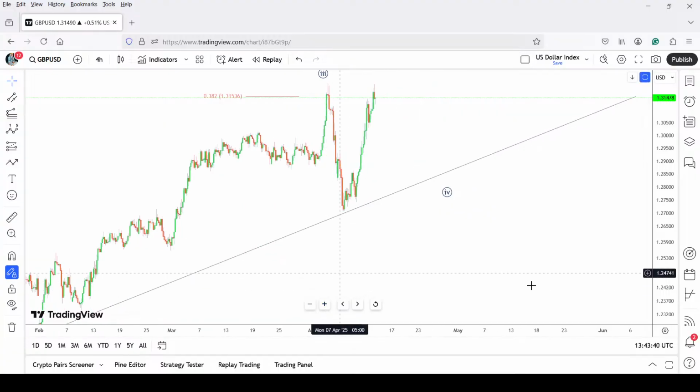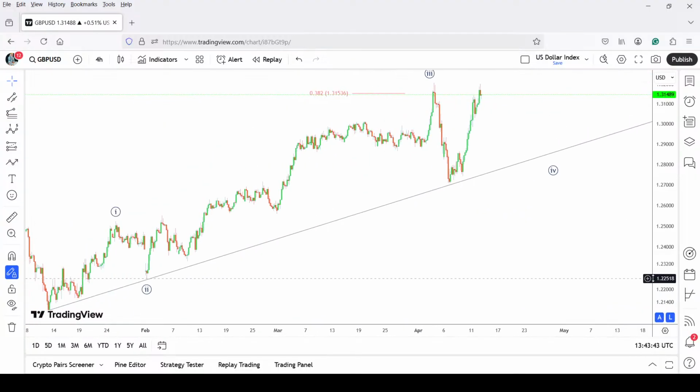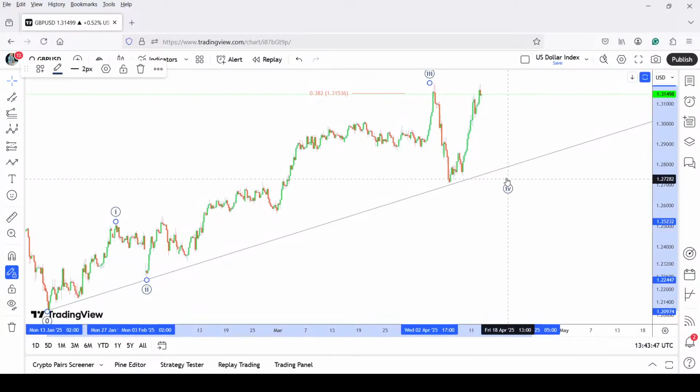The next potential entry in the GBP USD, if it is wave 4 in the making, I think it's going to be an absolute flat structure.